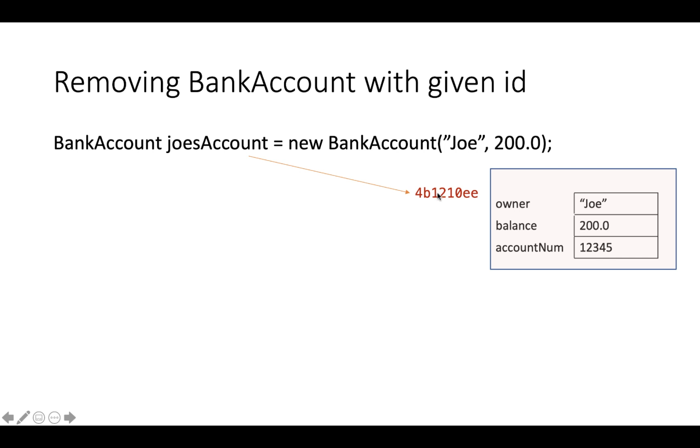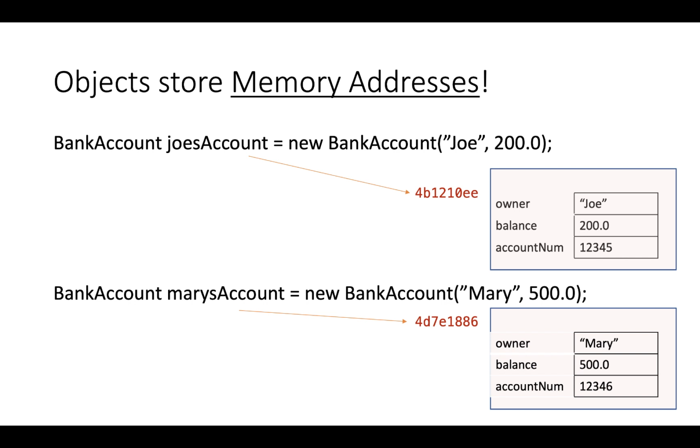Joe's account points to. If I create another bank account object, like Mary's account, here you can see that it's a separate memory address. Just note the difference here between the two, but it also points to somewhere in memory where I have enough space for owner, balance, and an account number to be stored. With that in mind, when I created the array list to store bank accounts, what I'm really doing is creating an array list that stores these memory addresses.